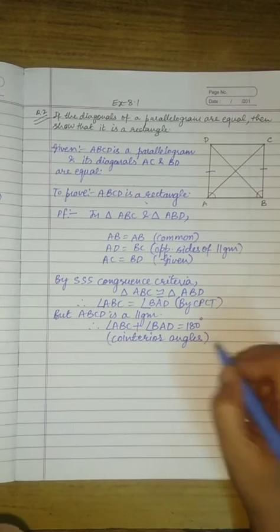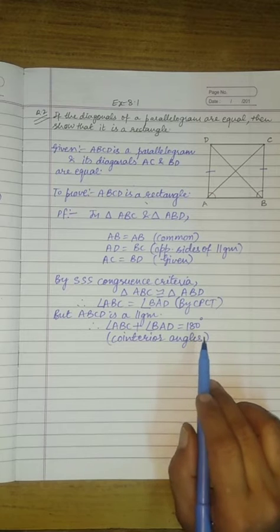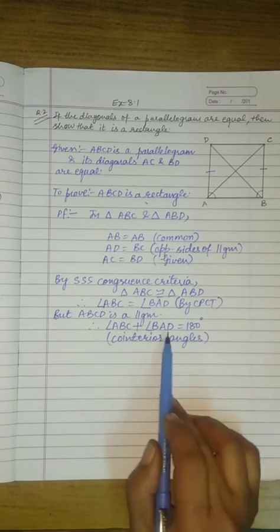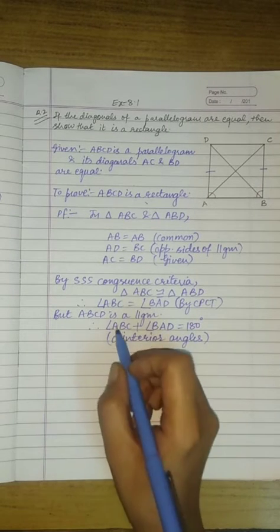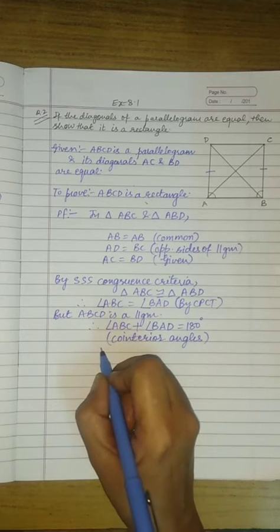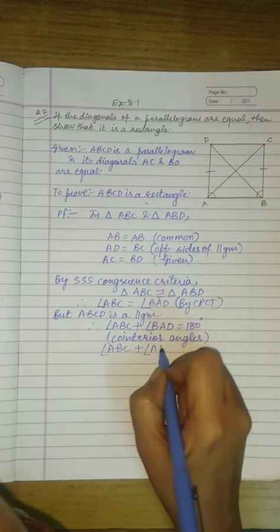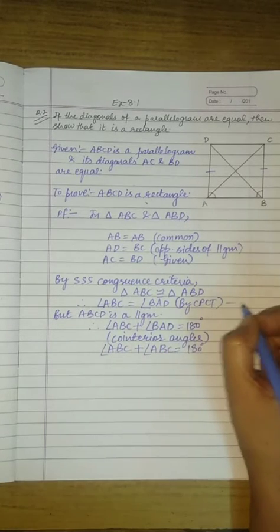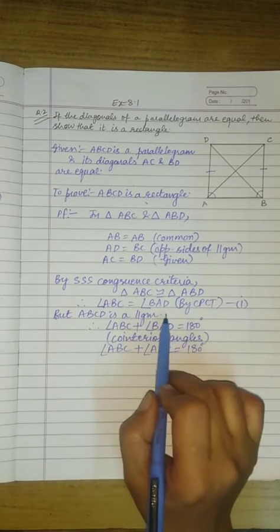We know the sum of co-interior angles of a parallelogram is supplementary, means their sum is equal to 180 degree. But both the angles are equal, so we can replace one for another. So I will write ABC plus ABC is equal to 180 degree. This is equation 1 where we have made both the angles equal.